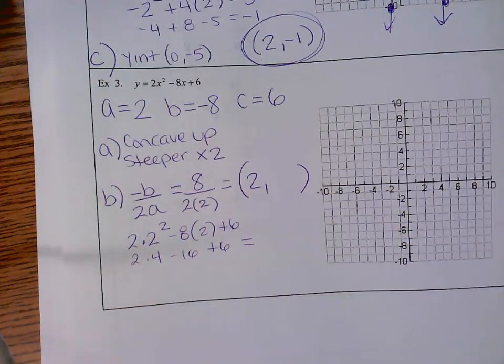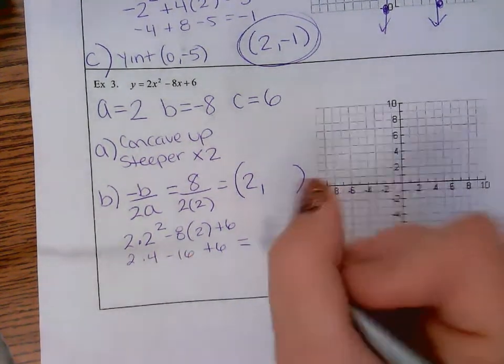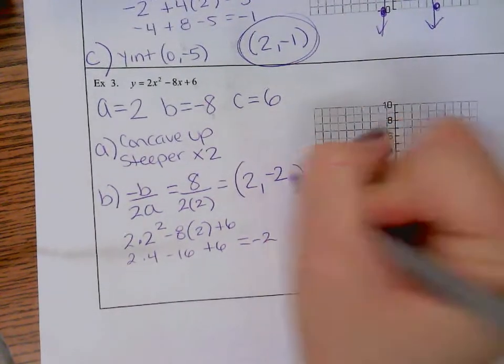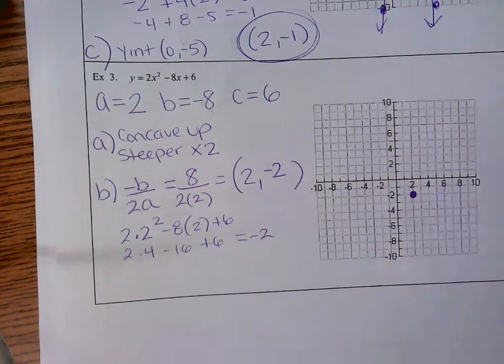So someone tell me what they get for the Y value. Let's see if we get the same answer. 8 minus 16. Yep, that sounds right to me. 8 minus 16 would be -8, plus 6 would be -2. Is that what anyone else got? Check our answer to make sure that we're on the right track with our vertex.